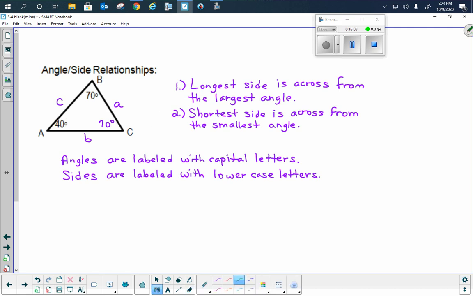And now once again, what if I asked you, what's the largest side? Well, once again, you should be telling me, I know the largest side is across from the largest angle. I have two of them that are the largest, and so I know that the sides across from them, lowercase side b, is going to equal lowercase side c.